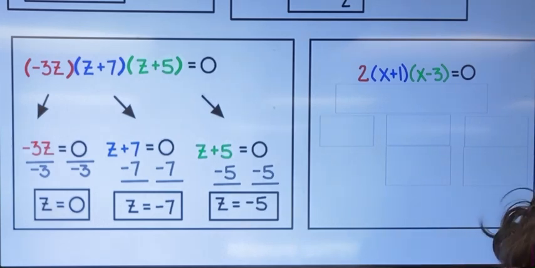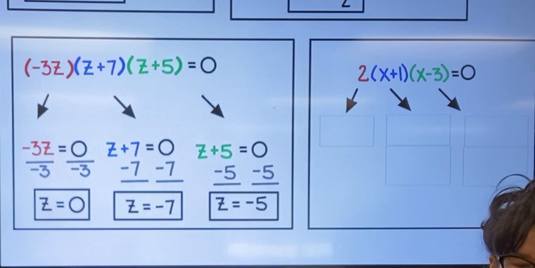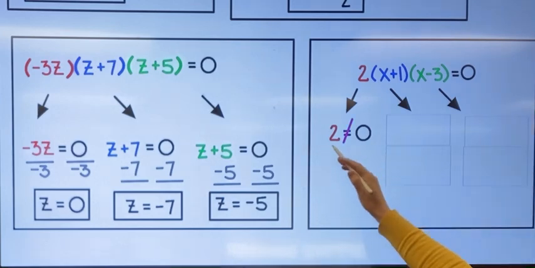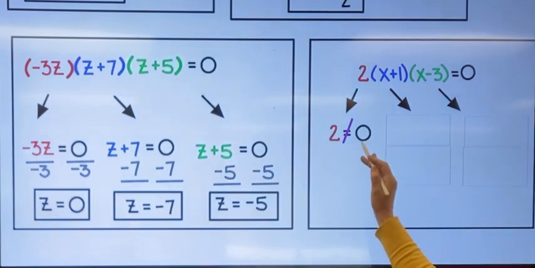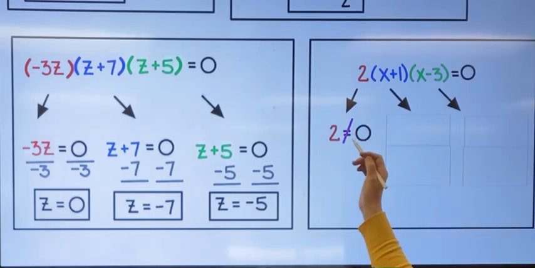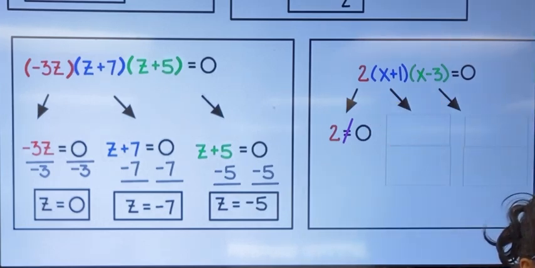Let's set each piece equal to 0. So I go to set each piece equal to 0, and I set 2 equal to 0. Well, I mean, that's nonsense, right? It's impossible for the number 2 to be 0. So this doesn't lead to any solutions. No matter what number I plug in for x, it's not going to change the fact that that's 2.